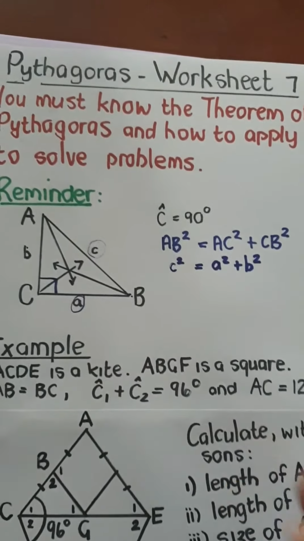Then you also know that the diagonals are perpendicular. There are no diagonals in this diagram, so we're not going to work with that. And we also know that one pair of opposite angles are equal. Right, so that is the kite.